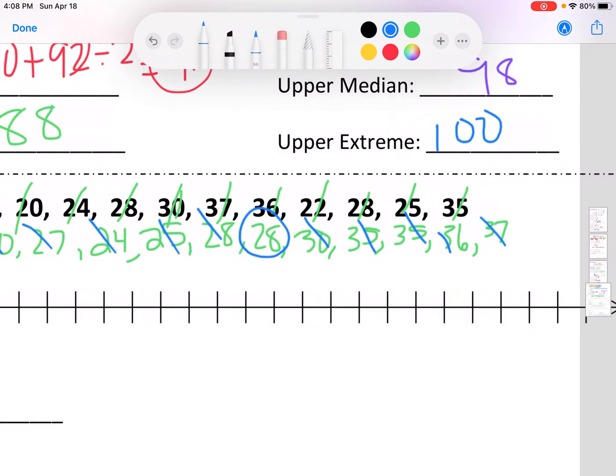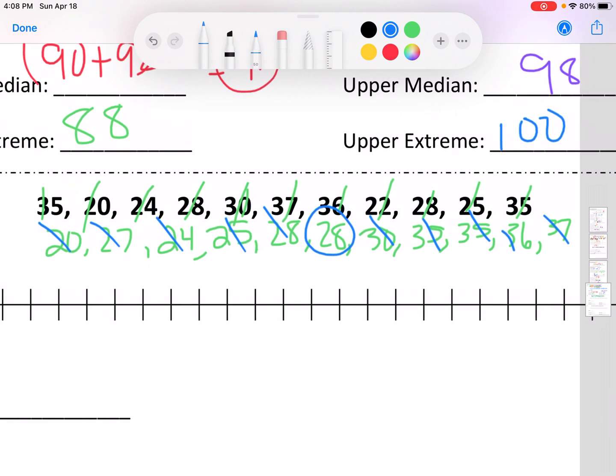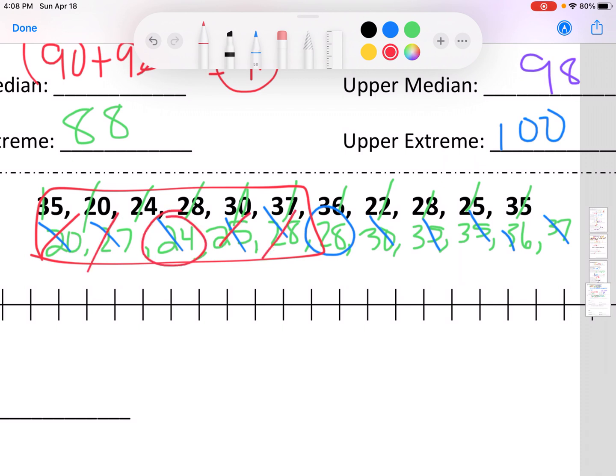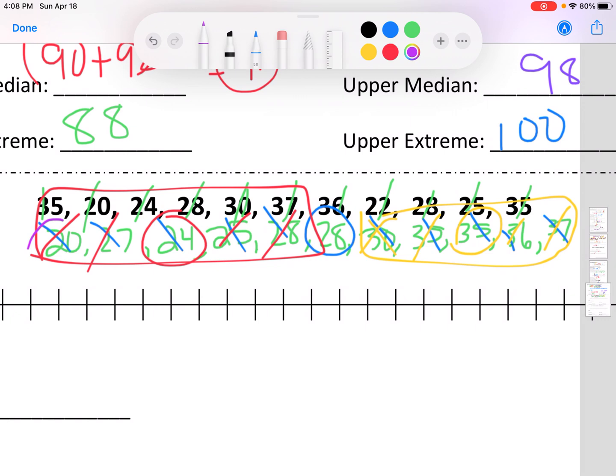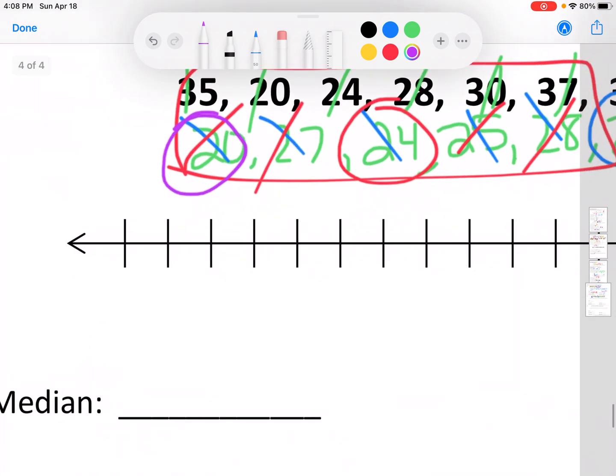Then I'm going to find the median of my lower half. Find the median of my upper half. Identify my minimum and my maximum. So I'm going to start at 15. There's no real reason why I chose it. It's just not 20.